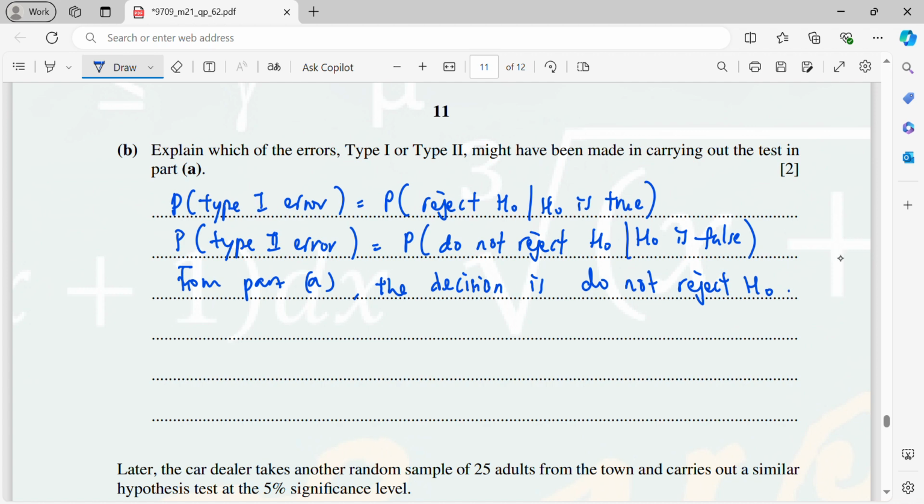Hence, do not reject H naught is type 2 error that might have been made.